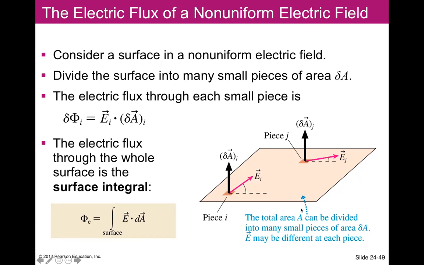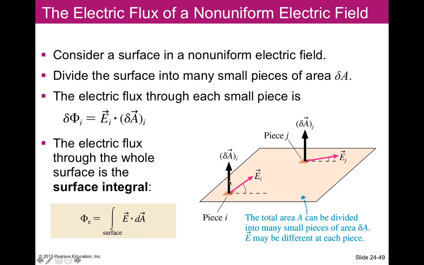Then first, we need to know the direction and the strength or magnitude of E. For example, if we take two testing points here and there, we'll see E_i at this point is going this direction, and the strength is shown as the arrow. And the other, E_j at point j, the direction and the magnitude are all different from E_i.